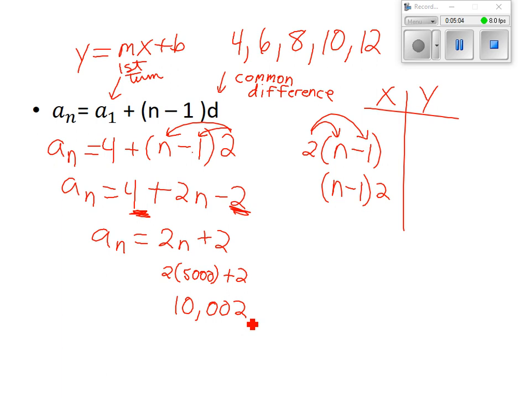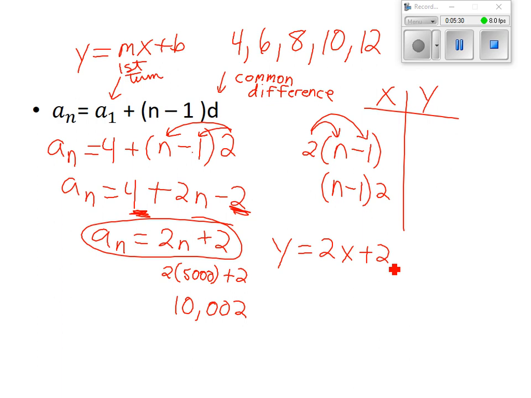So that's all this is. That's an arithmetic sequence. Last year, probably after you looked at this for a day or so, you changed over, and in place of a sub n right here, you stuck in y. In place of n right here, you stuck in x. And you started writing stuff in that slope-intercept form.